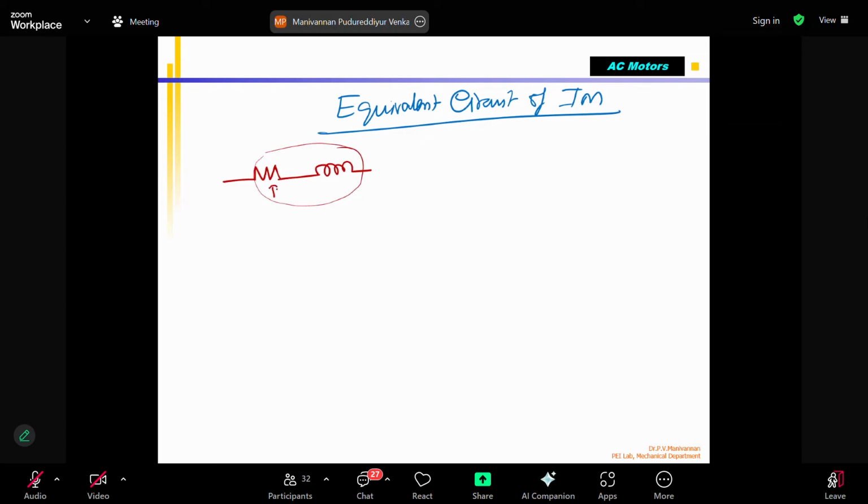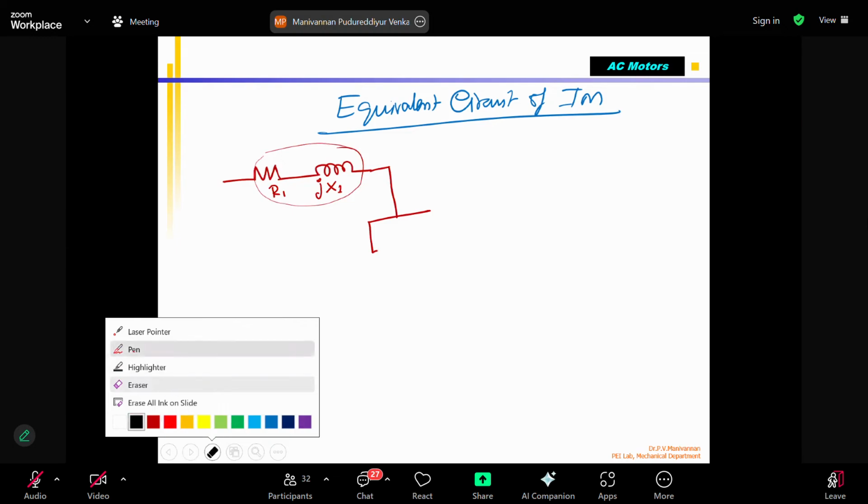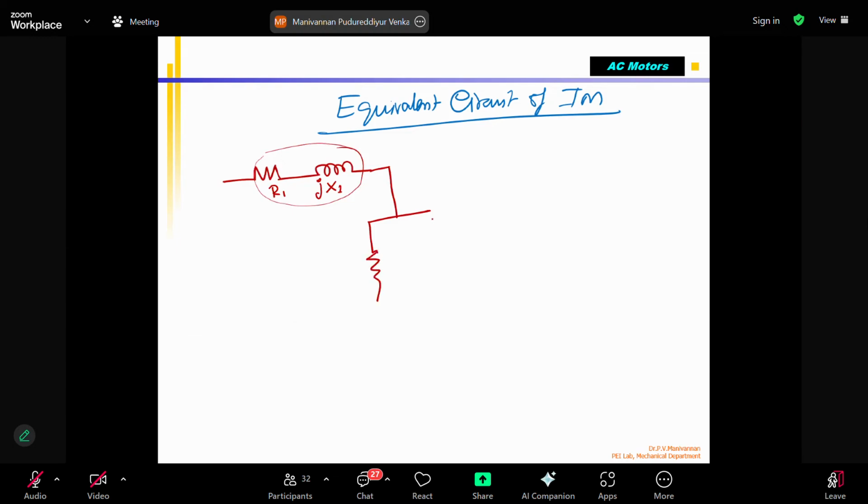Stator coil resistance is called R1. This is called X1, jX1, because it is the imaginary part, that's why they put j X1. This is the resistance and there's an inductance.